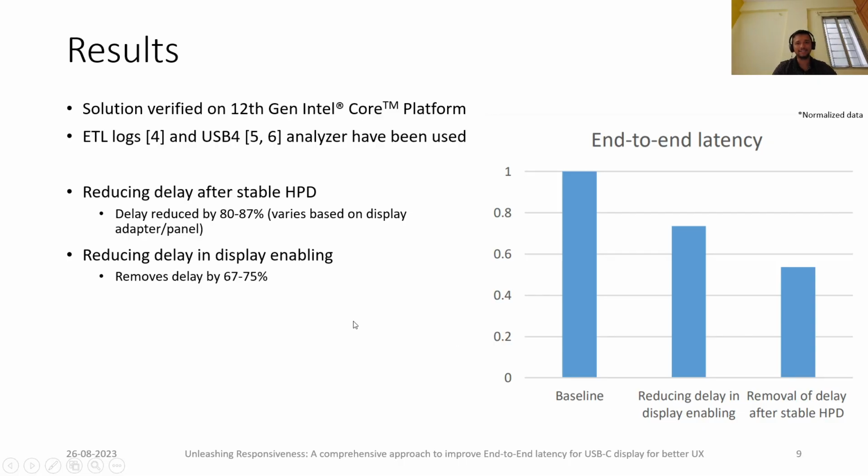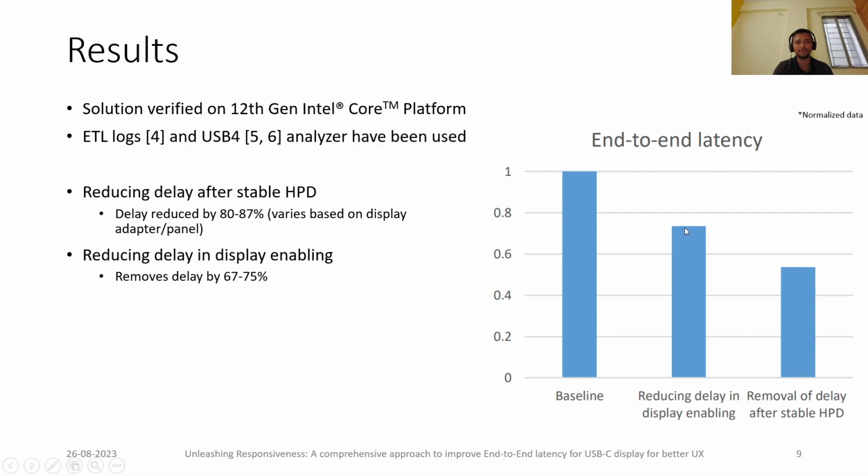Let's jump to the results. We verified this solution on an Intel 12th generation Core platform, and we used ETL and the USB 4 analyzer to capture this latency. We analyzed the before and after latency, and by reducing the delay after stable HPD, we reduced the delay by around 80 to 87%.